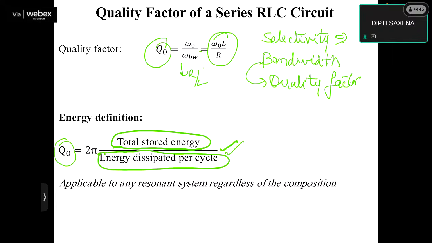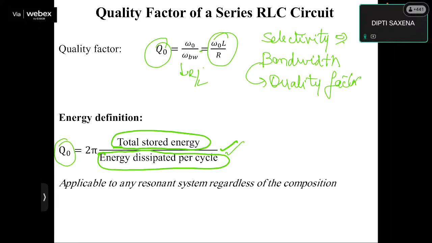This is a very fine definition of quality factor, in terms of energy, and it is applicable to any resonant system regardless of the composition, whether it is an electrical circuit or a mechanical phenomenon. Quality factor is equal to the total energy stored upon energy dissipated per cycle.